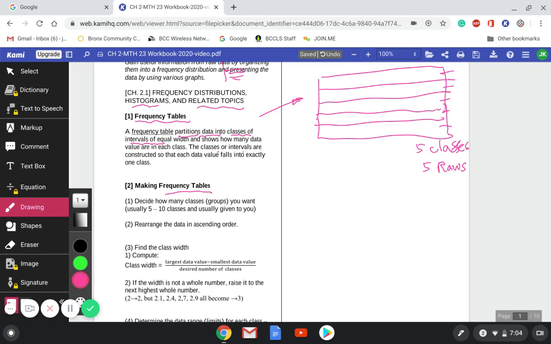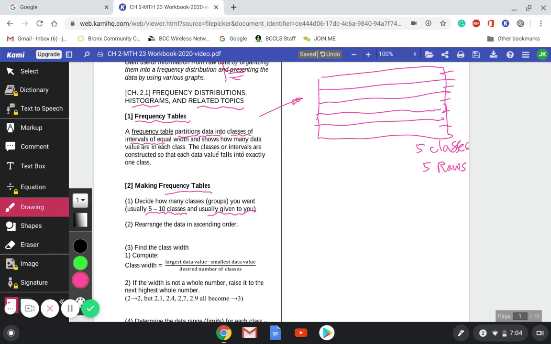Number one, you have to decide how many classes, how many groups, how many rows you want to have. The number of classes is usually 5 to 10, and also usually given to you from the question or from the request.